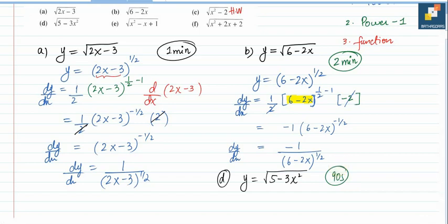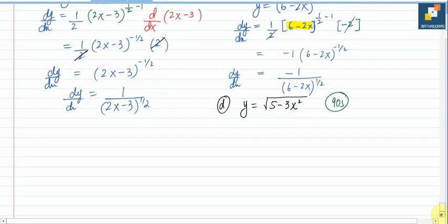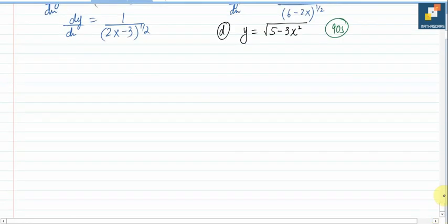Alright, so first thing, again we need to write in the index form. So y is equal to 5 minus 3x square with the power of 1 divided by 2. Now we are going to start the differentiation.